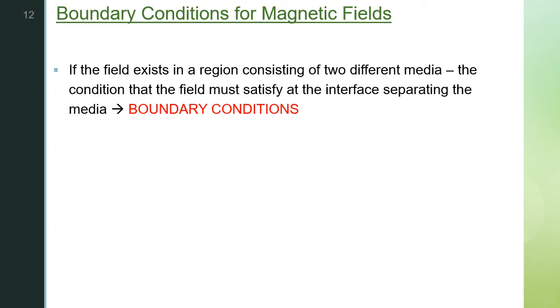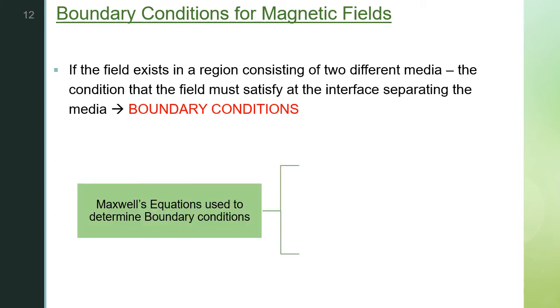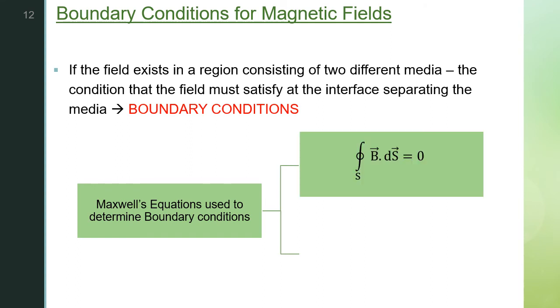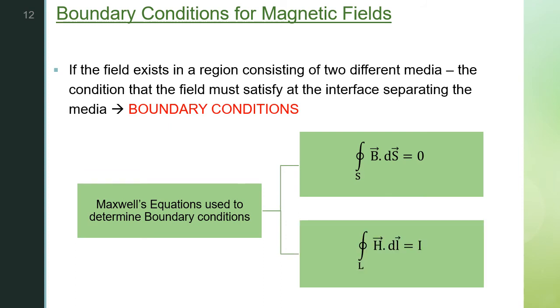So to apply the boundary conditions, we are using the two Maxwell's equations for magnetostatics, which are given by closed integral over S of B dot ds equal to 0, and the other equation is Ampere's law, which is closed integral over L of H dot dl equal to I. Using these two equations, we will be deriving the boundary conditions for magnetic fields.